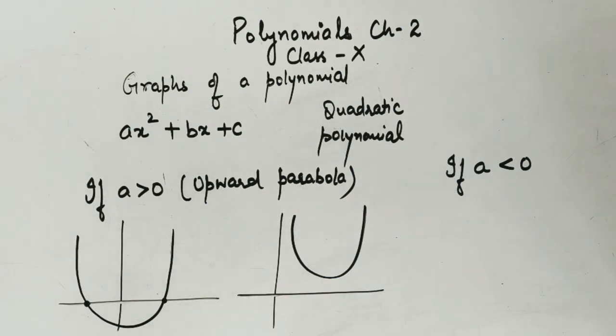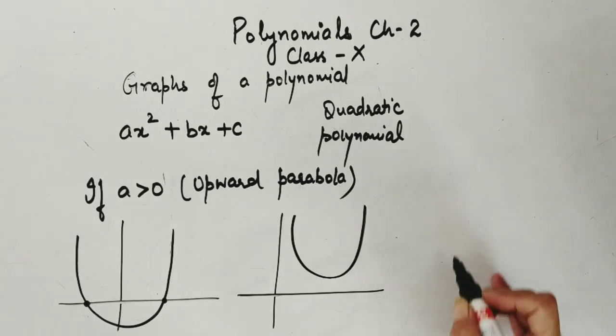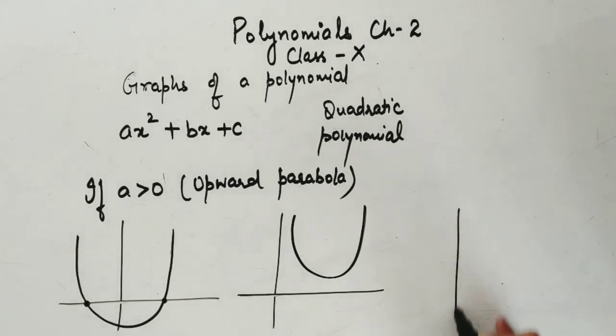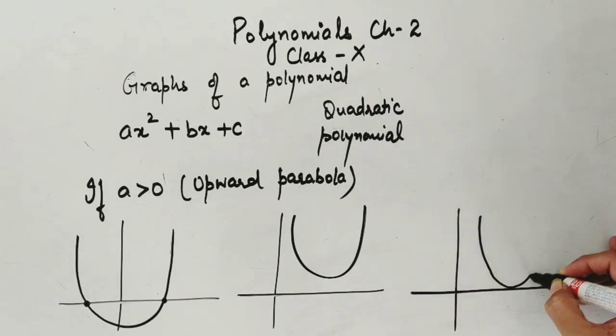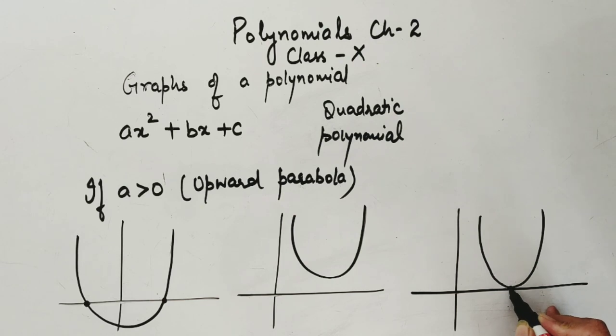That means no solution. We would discuss this case too, what kind of polynomial we would have where there are no solutions. And the third type can be if the graph meets the x-axis at just one point. So here you see there are two zeros.